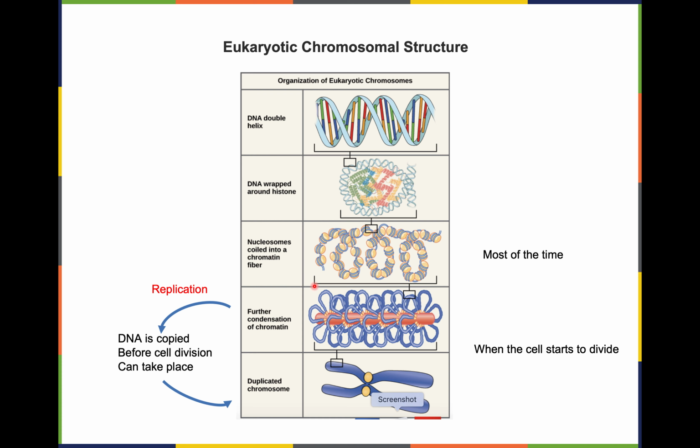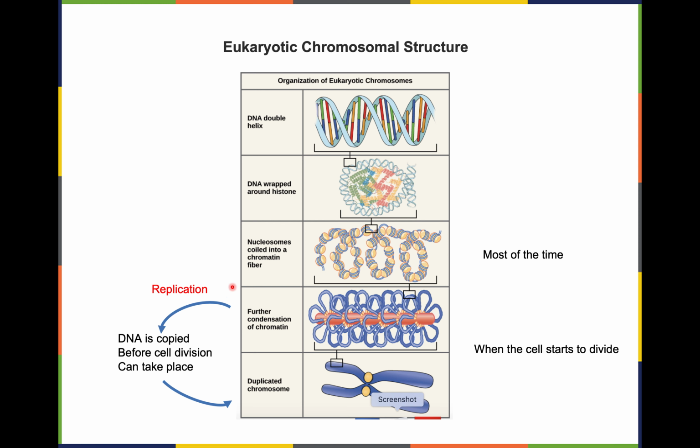Now, when the time comes for a eukaryotic cell to divide, a couple of things happen. First of all, the eukaryotic DNA is copied, a process we call replication. So each chromosome, just like what we saw in bacterial cells, the cell makes a copy of its genetic material.